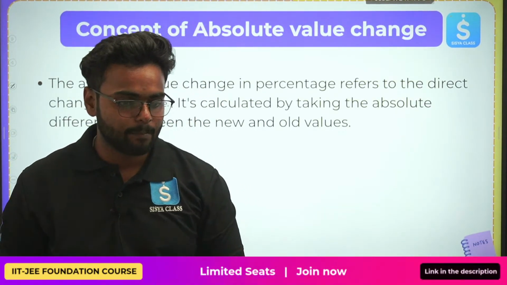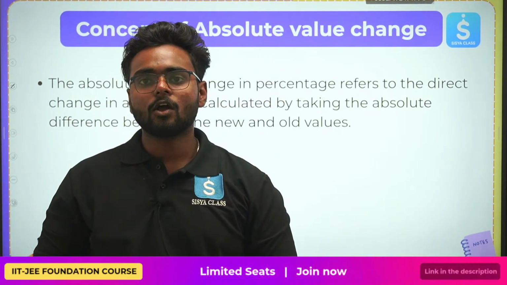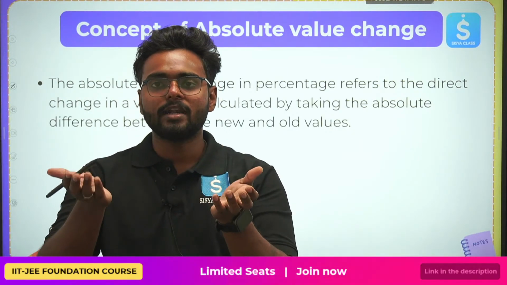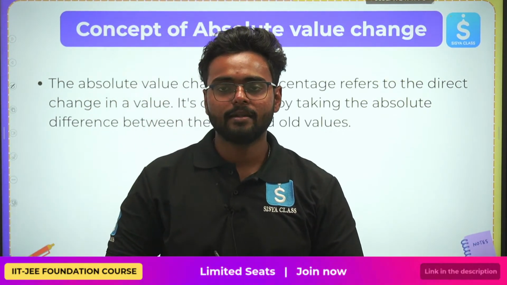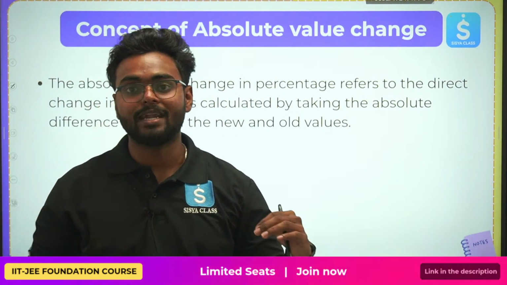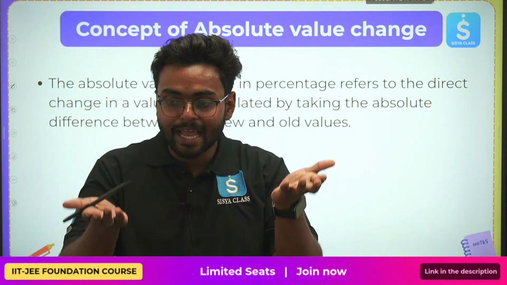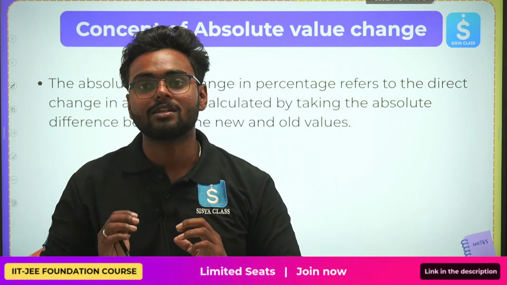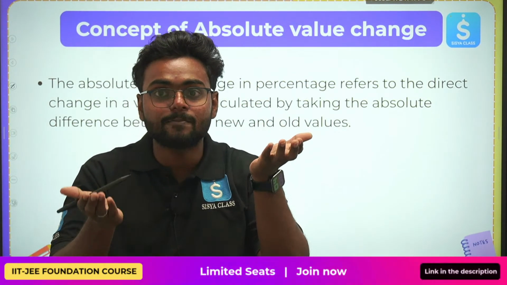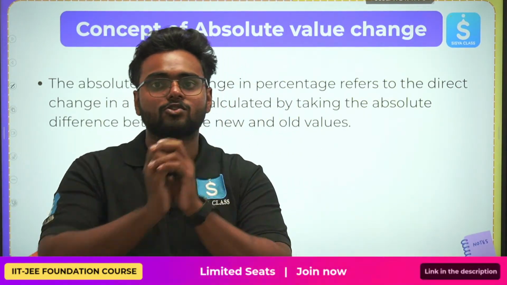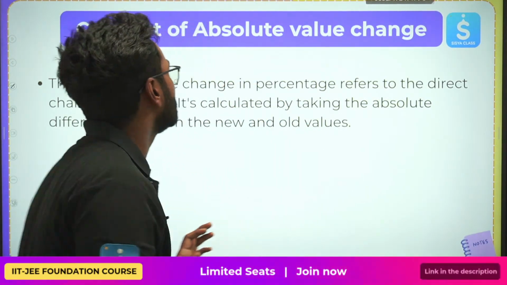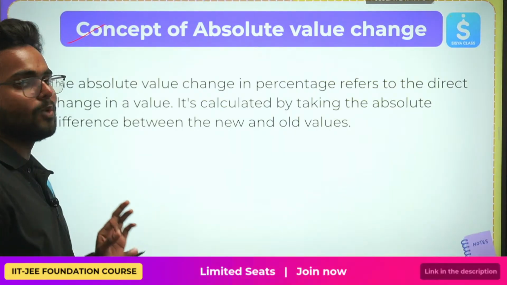Now, this is an important concept of absolute value. Let me take an example. Let us assume the gold rate yesterday was 20,000, and today it has gone up to 25,000. You see the increase, this increase is called the absolute value. The difference between today's value and yesterday's value is given by the concept of absolute value change.